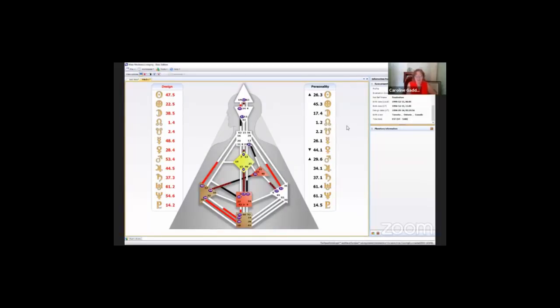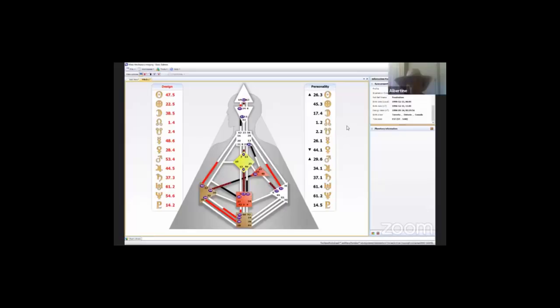More so like the figurehead, the king or the queen, and he has the strong will. So people are looking to him to prove himself. And he's definitely committed to the process.